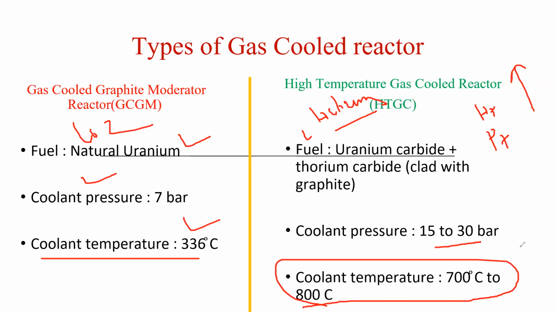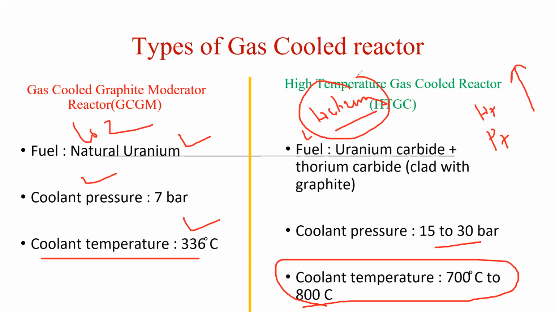What is the disadvantage of this high temperature gas cooled reactor? If I maintain this temperature of 700 to 800 degrees Celsius, I have to take great care of this gas, helium, because helium is very dangerous if you do not properly handle the pressure vessel, the coolant pressure or the coolant temperature. It is very dangerous to human beings.